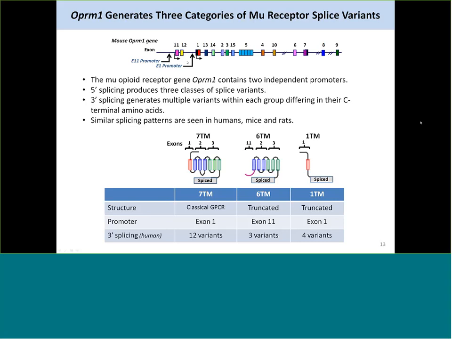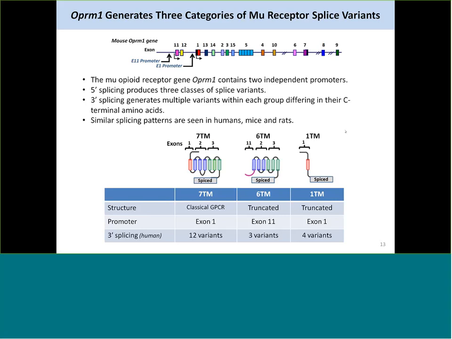As you can see, the gene has an exon 1 promoter, which starts transcription right before exon 1 and generates the 7 transmembrane domain receptors. There are others that it translates as well, single transmembrane receptors that have basically skipping of exon 2, which you can see here, and that leads to frame shifts and only a single transmembrane domain. We won't talk about those today.